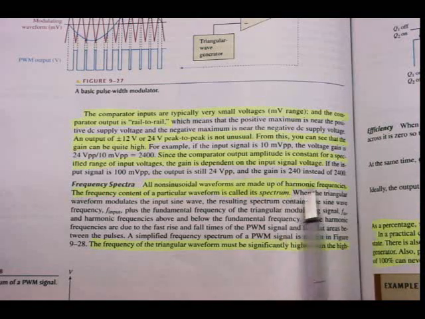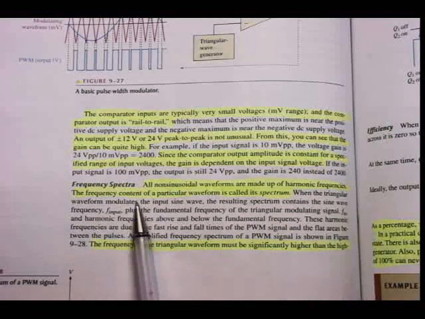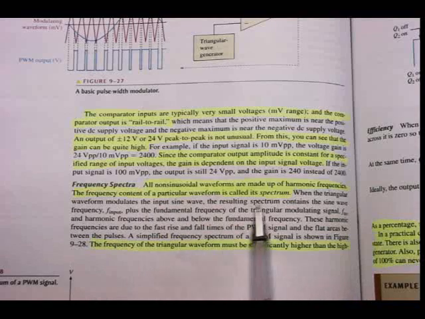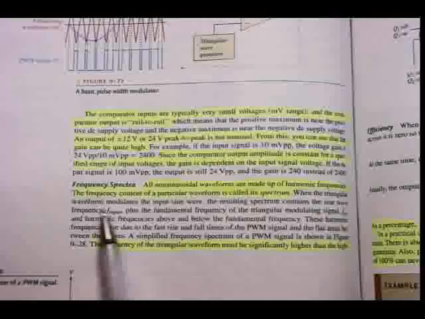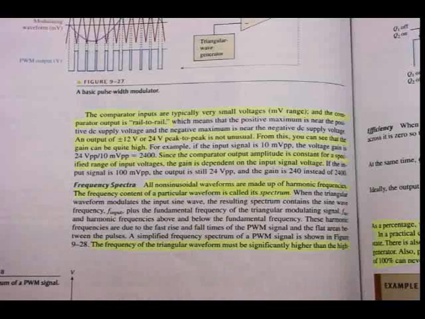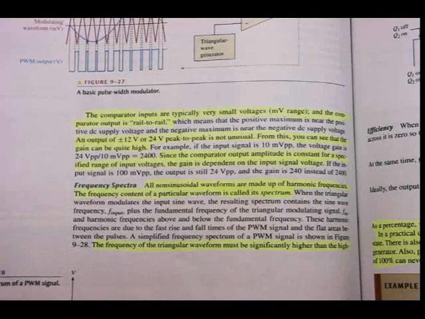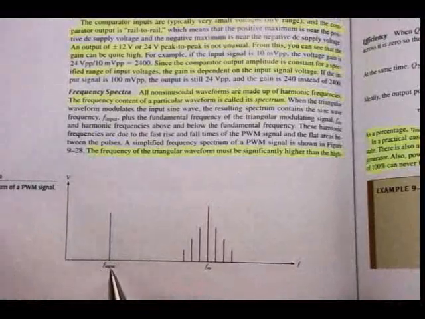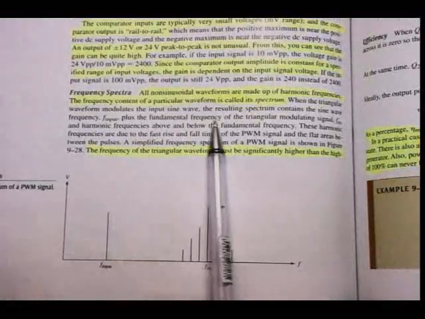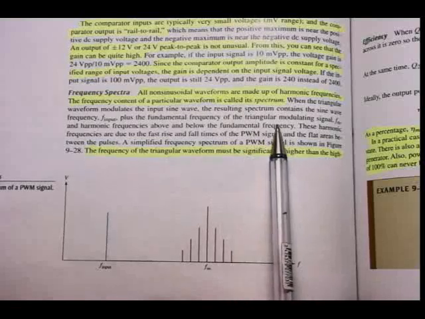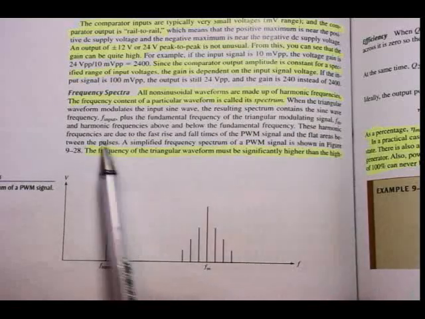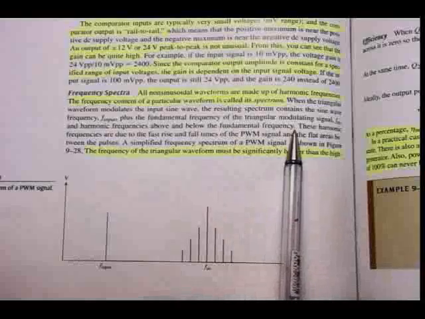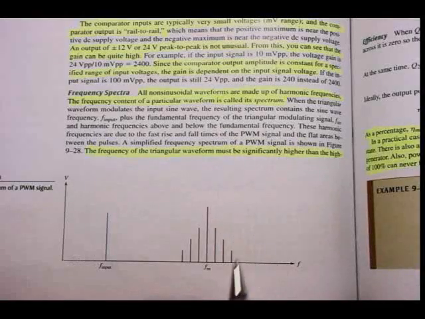But anyway, just to get back to the frequency spectra, when the triangular waveform modulates the input sine wave, the resulting spectrum contains the sine wave frequency F input. If you can look on figure 9-28 at the bottom of the page there. There it is. Plus the fundamental frequency of the triangular modulated signal FM and the harmonic frequencies above and below the fundamental frequency as indicated here.